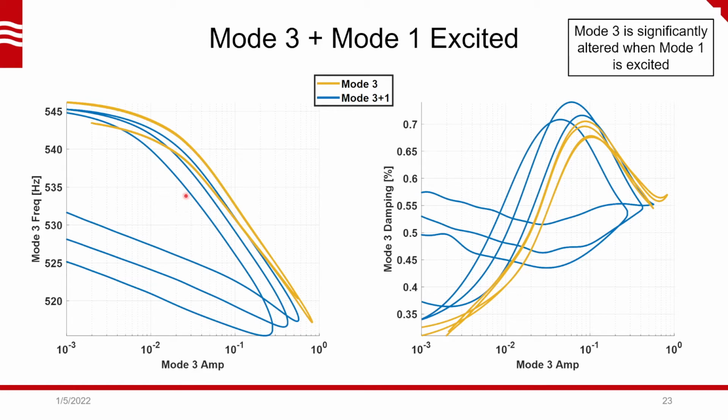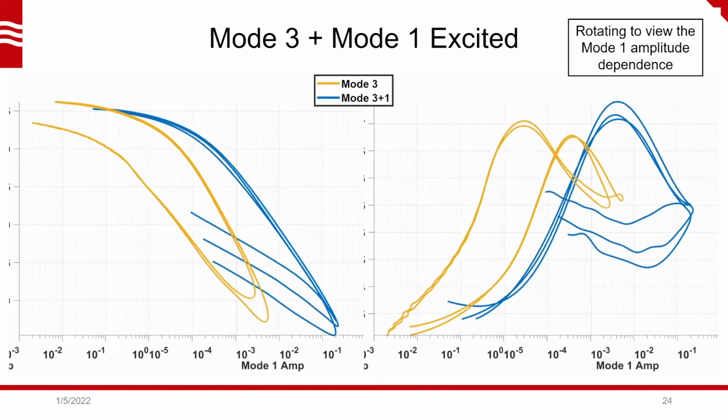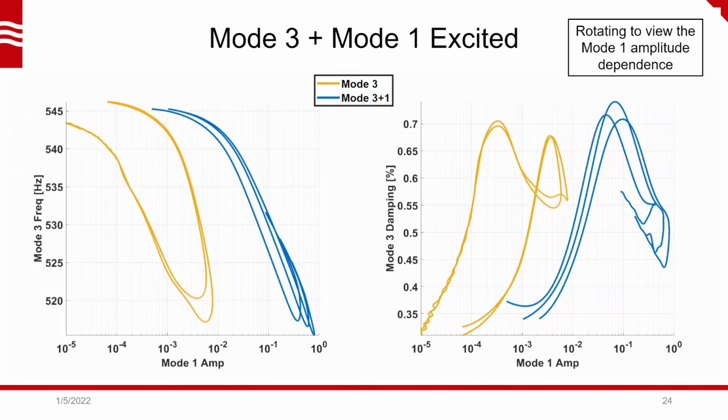And we see that there's this drastic shift in the frequency, and then also a big shift in the damping behavior. So this too, if we rotate these from the mode 3 to the mode 1 amplitude view, then the frequency lines basically all match up, and the damping behavior is still a bit wonky.